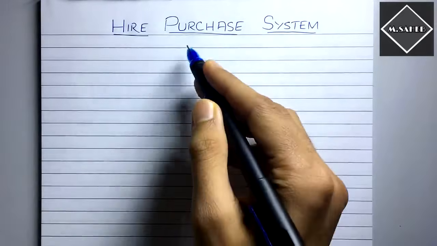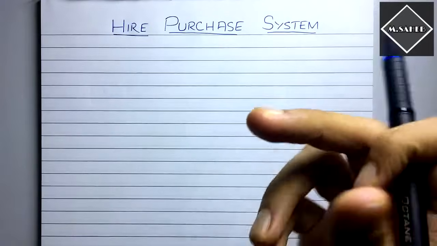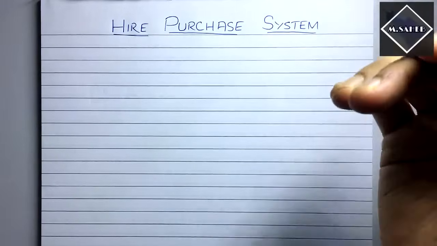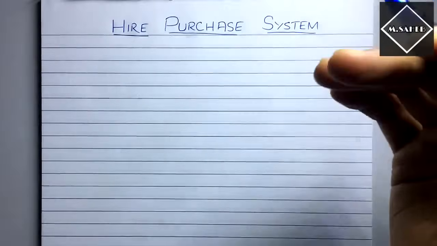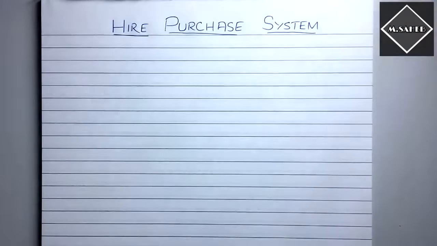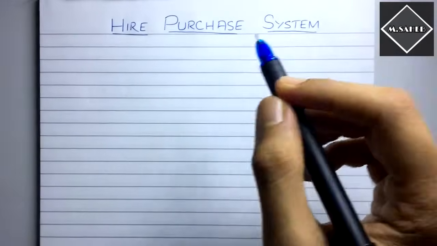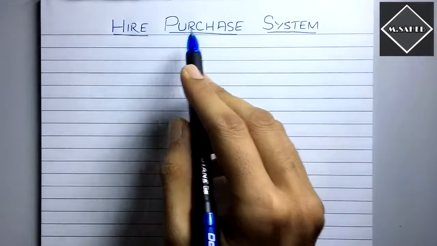See, hire purchase system is a system of credit purchasing. If you want to buy any item, okay, car, refrigerator, furniture, any machinery, any asset, then you can purchase those assets through this system, hire purchase system.